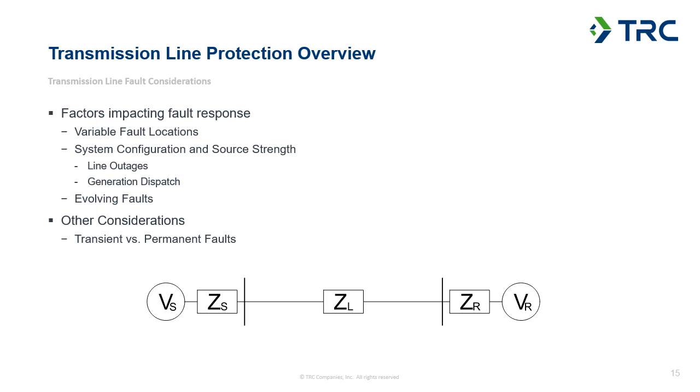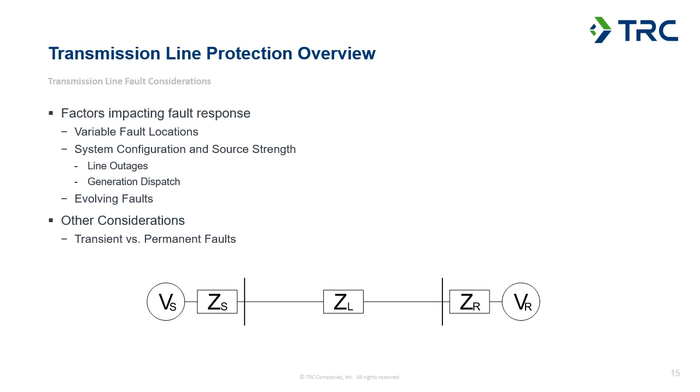One of the other main things we have to consider is the system's configuration and source strength. The Thevenin equivalent on either side of the line is going to be impacted by the state of the system that it's representing.